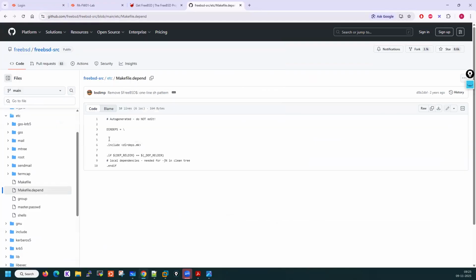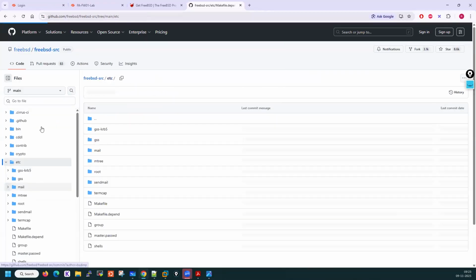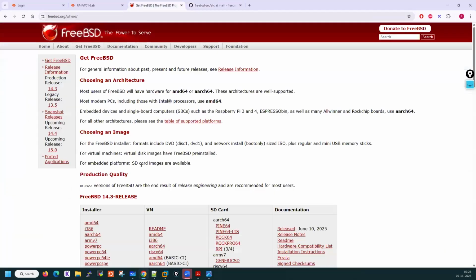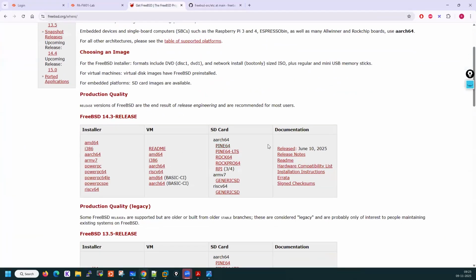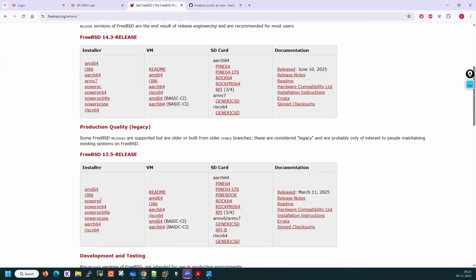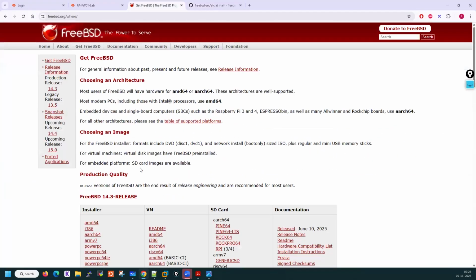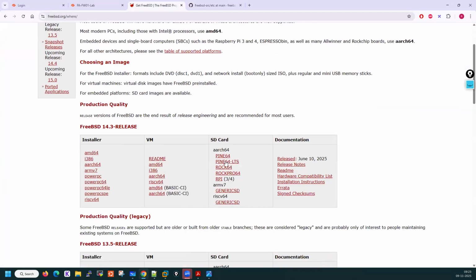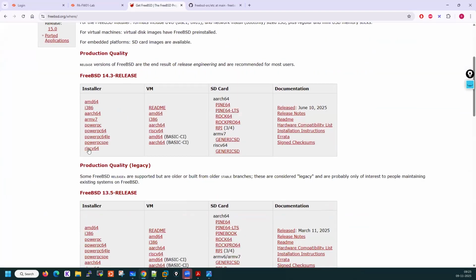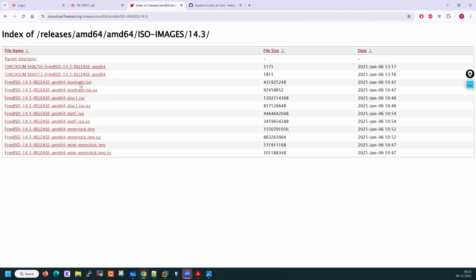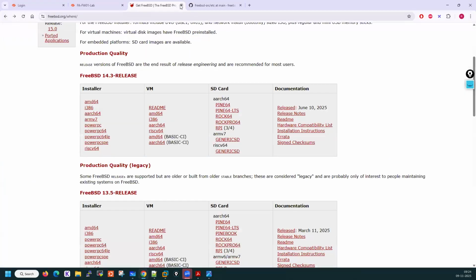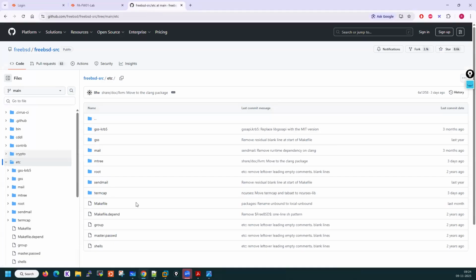You can download it and customize it according to your requirement. Source code is available, and you can also download from here. Sorry, these are the installers, I guess. Choosing the image, this is the software version. Let me select AMD 64. This is the software we will get from here. But this is the actual source code of BSD Linux.